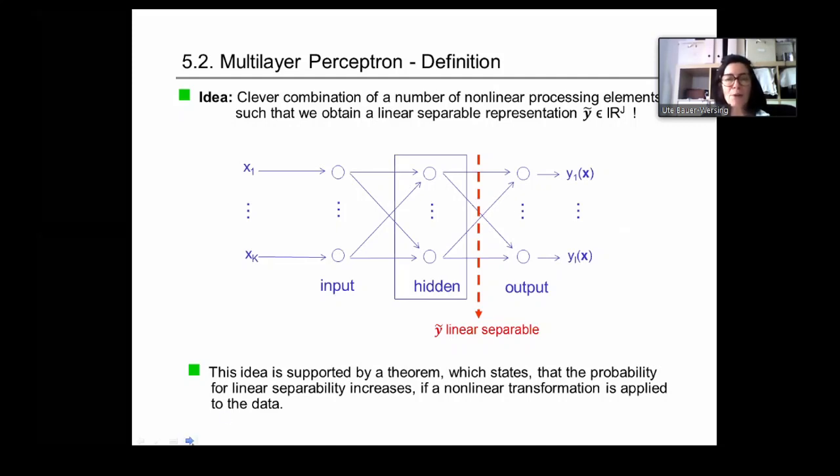We will come back to this theorem when we do structural considerations and look a bit closer at this theory. But this is the basis of the idea behind the multi-layer perceptron, and this is also the reason why they are so successful.